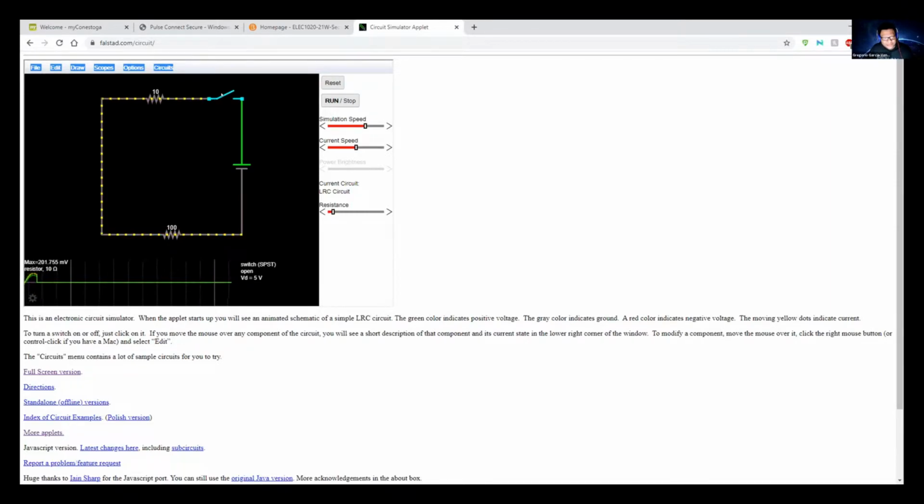We have a circuit here. And as soon as I close my switch, we have a series circuit. You can see that you start to observe this flow. These little yellow dots indicate the flow of current.